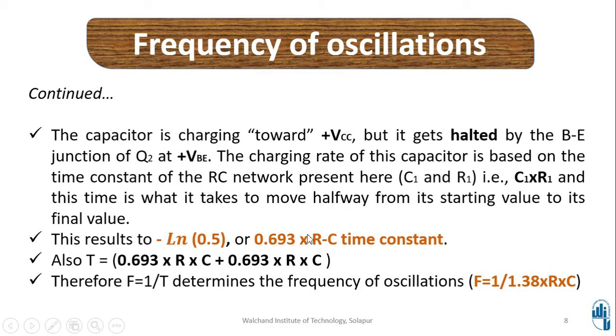So this is the T on period. The same is going to be the period for T off. So the addition of these two on and off periods gives a total time period of 1.38 times R into C. Therefore, the frequency is the reciprocal of the total time period, and the frequency of oscillation expression comes to be F equals 1 by 1.38 RC.